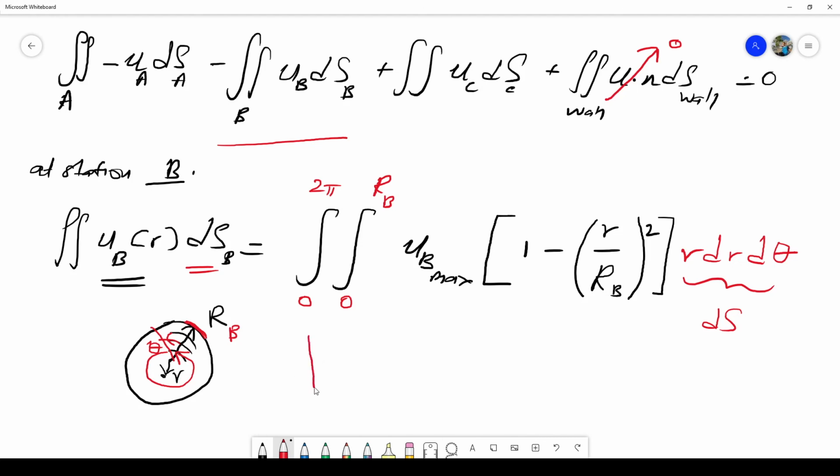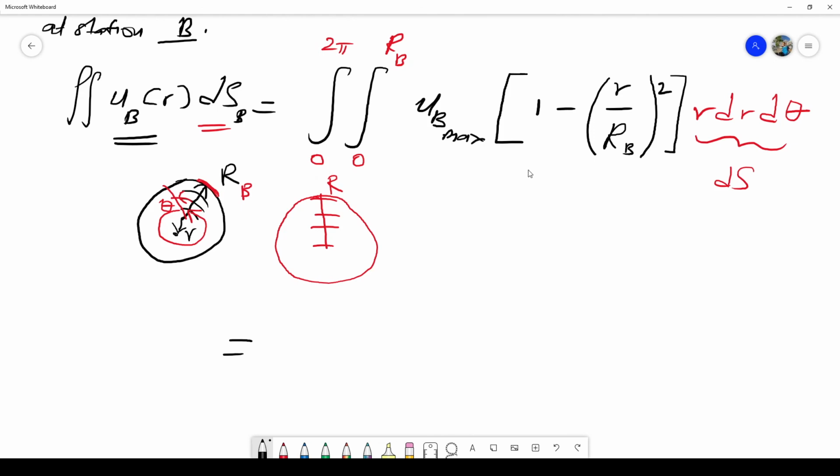You can view it like this: we have a line which we discretize until we reach the maximum radius R, and then we integrate it from 0 until 360. So it will make a circular shape.